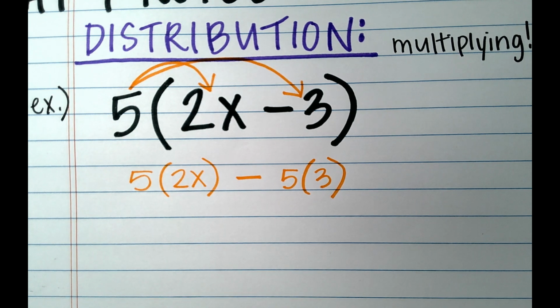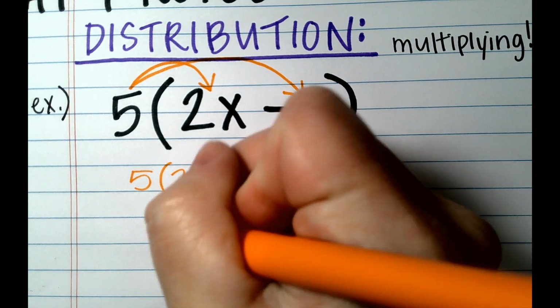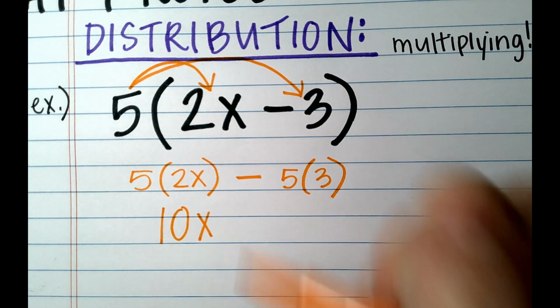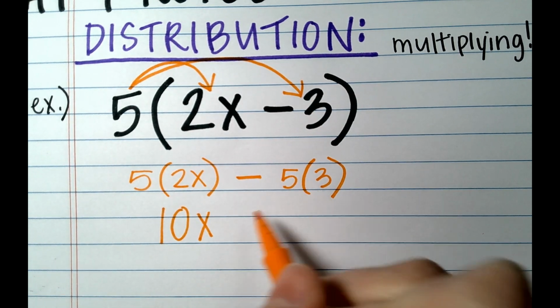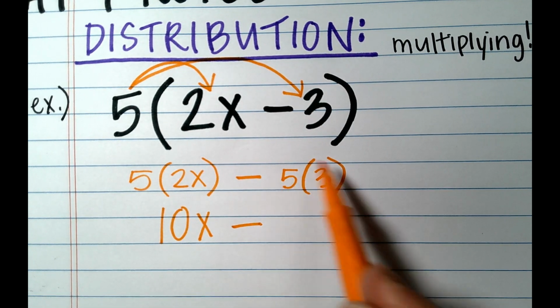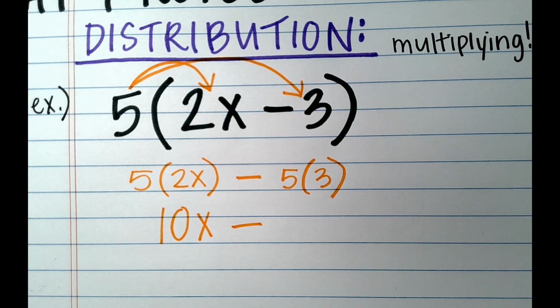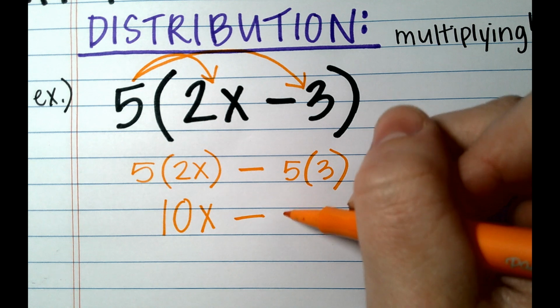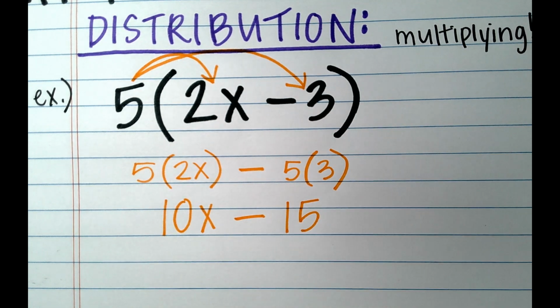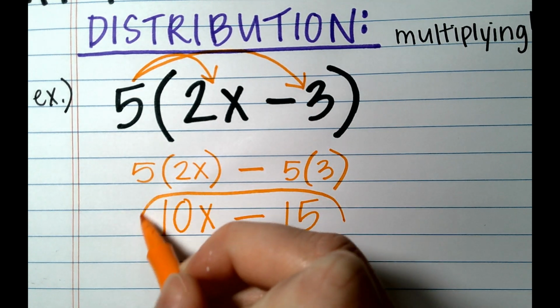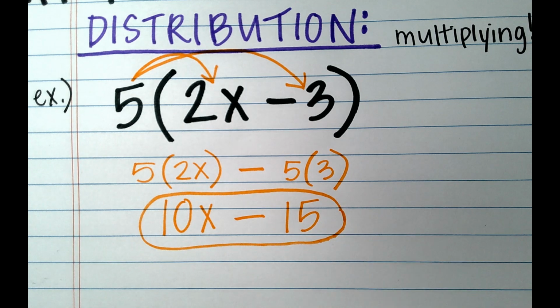Good. So 10x is our first term. Bring down the minus. And what's 5 times 3? 15. And that would be our answer. That's all distribution is. We're just multiplying more than one thing.